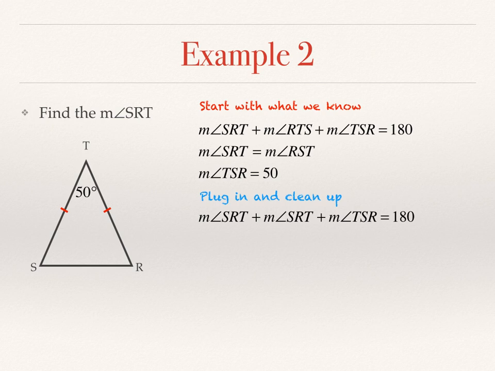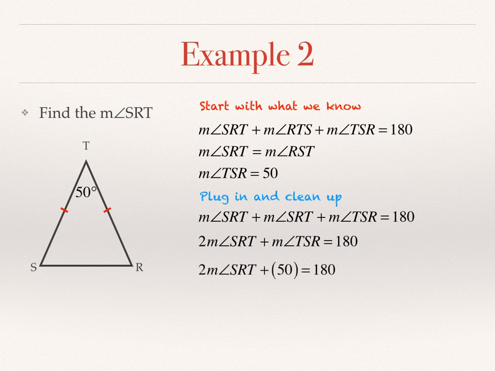It would have worked just as easily the other way, but I was trying to find the measure of angle SRT. That's why I decided to use it. So, little substitution property. We're going to combine those measures of angle SRT together, plug in our 50 for TSR, subtract from both sides, and we get the measure of angle SRT is 65. Very simple, very straightforward.